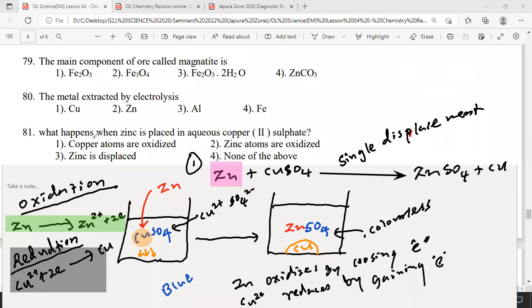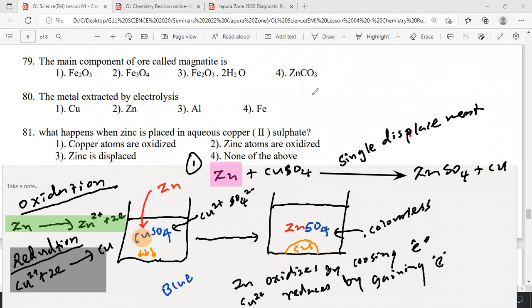Copper, by zinc. Therefore, the answer is not third. Copper gets displaced, not zinc. Then others are correct. Sitlini correct, good. Kavidu correct, very good.